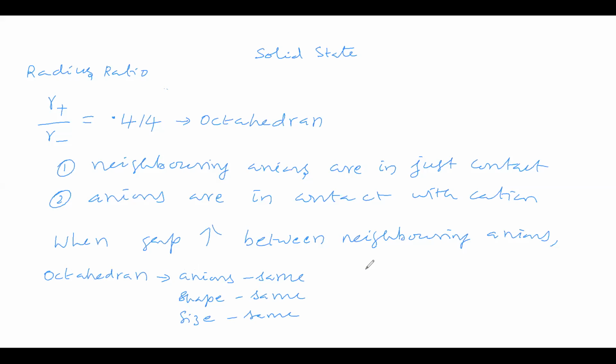We will keep one anion like this, the second anion like this, the third anion like this, and the fourth anion like this. Now the anions are just in contact. One anion is up and one anion is below. Then we will take the cation, which is here. The cation is in contact with all the anions.